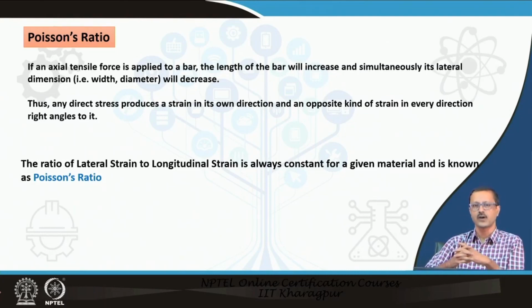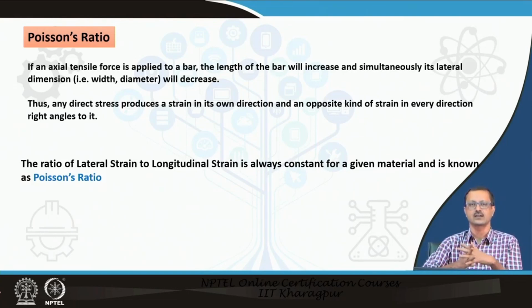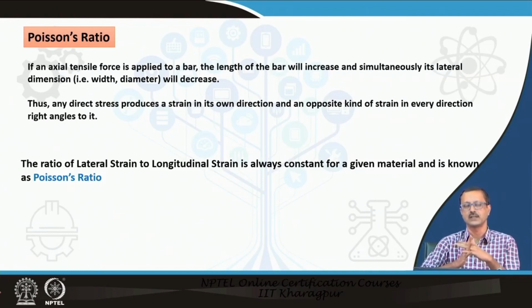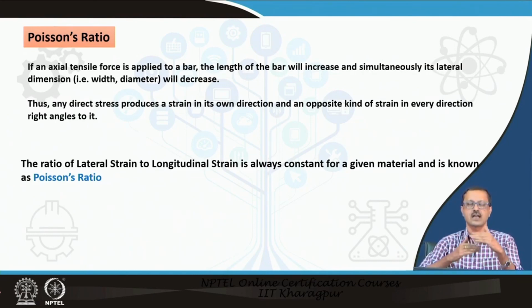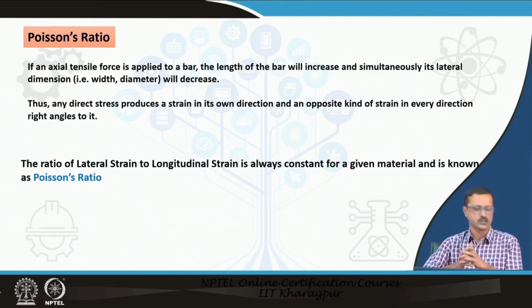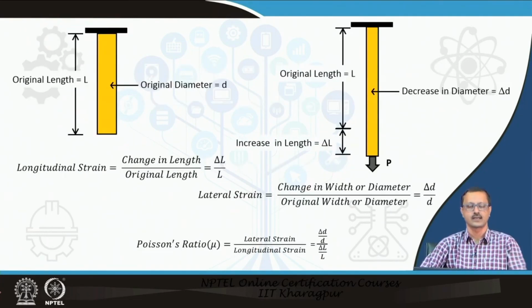This opposite kind of strain in the orthogonal axes is captured in a ratio called Poisson's ratio. It is defined as the lateral strain divided by the longitudinal strain. The lateral strain is in the diameter direction, and the longitudinal strain is in the length direction.